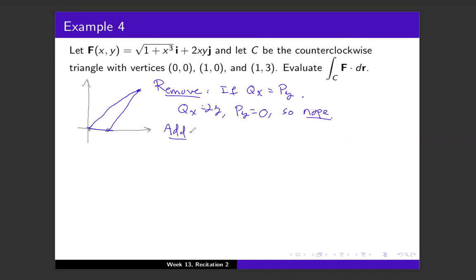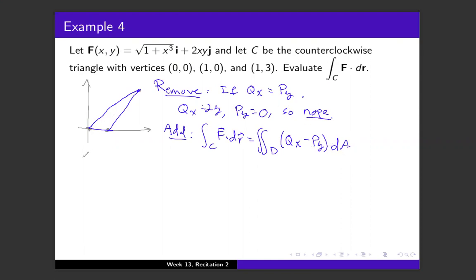Let's try adding one. If you want to add one, well, that's where you have to hit this with Green's theorem, where you can say this is the integral over C of F dot dr. That's the same thing as the double integral over D of Q_x minus P_y dA. Now, in this case, we know what Q_x minus P_y is.